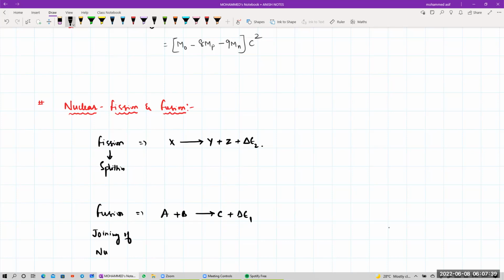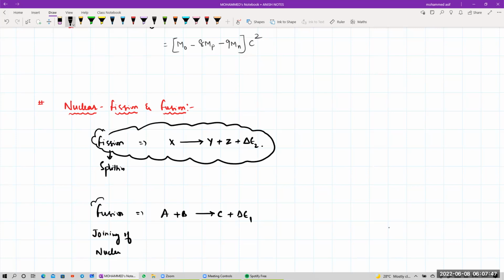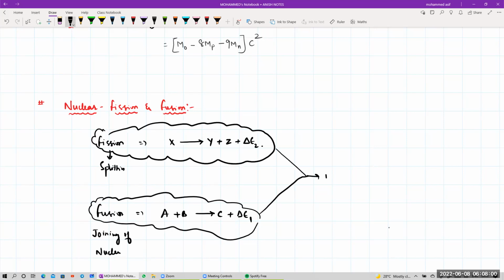Joining of nuclei is known as fusion, and splitting is known as fission. Fission is splitting and fusion is adding. And in both the cases, energy is released.